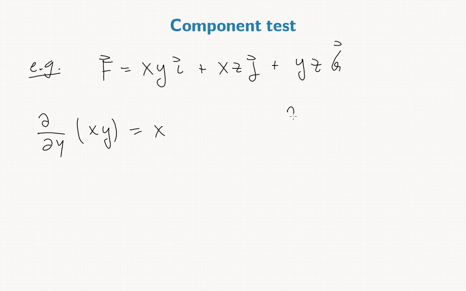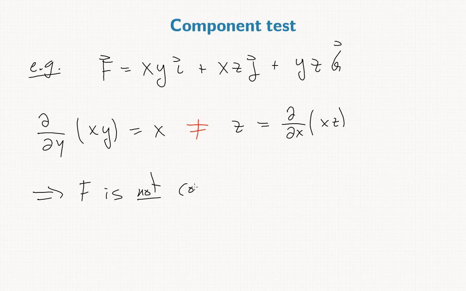And then we also want to take del by del x of the j component, xz, which is z. But these are not equal to each other. So f cannot be conservative.